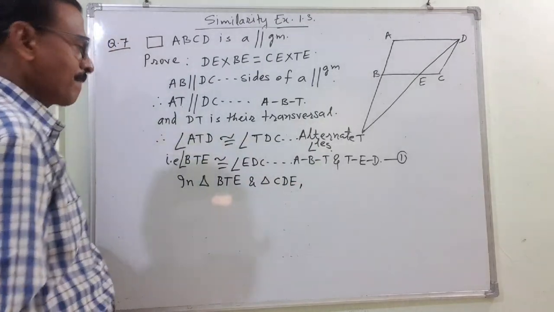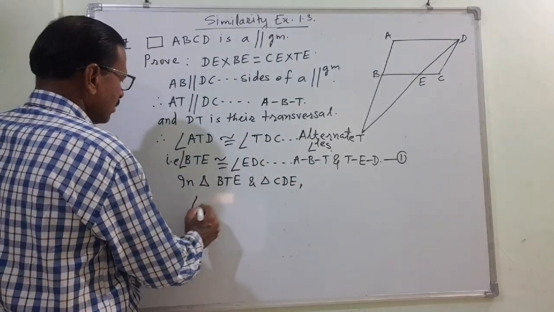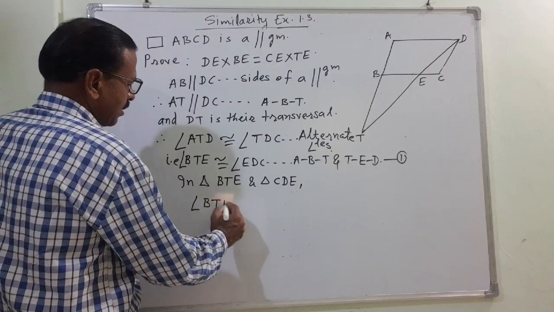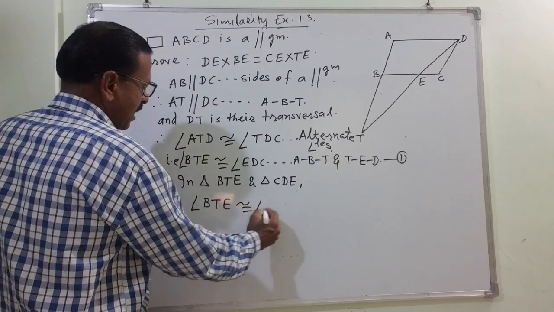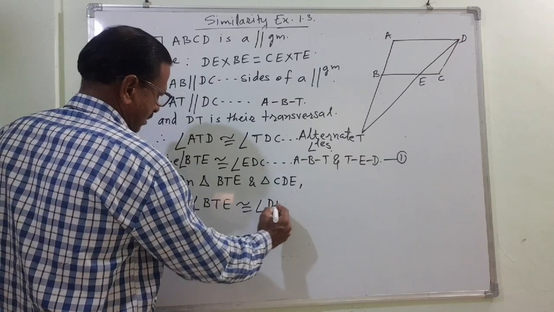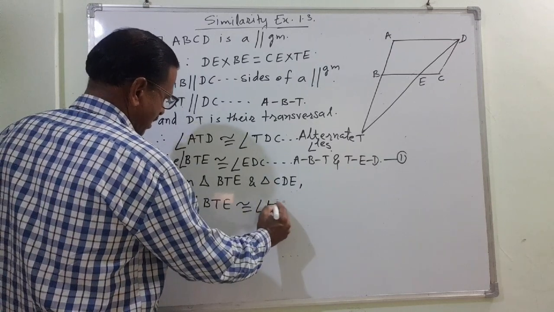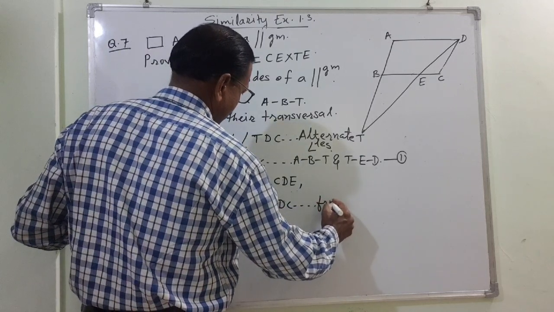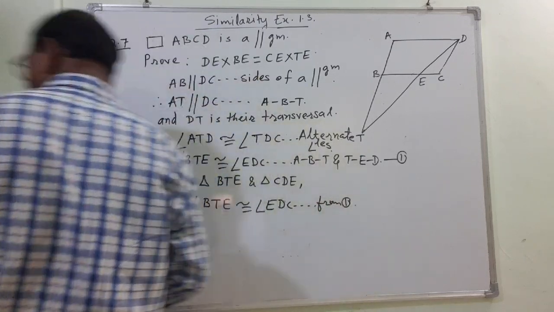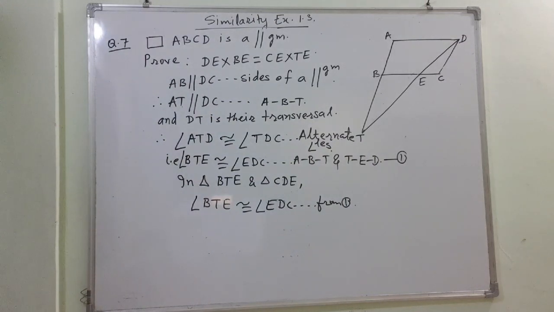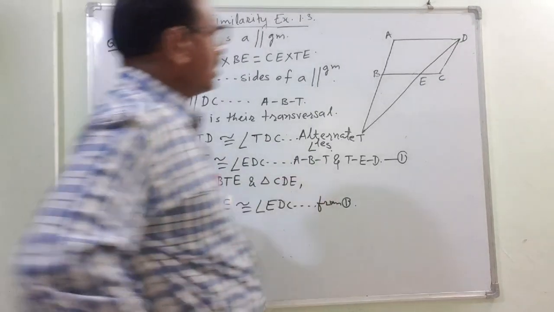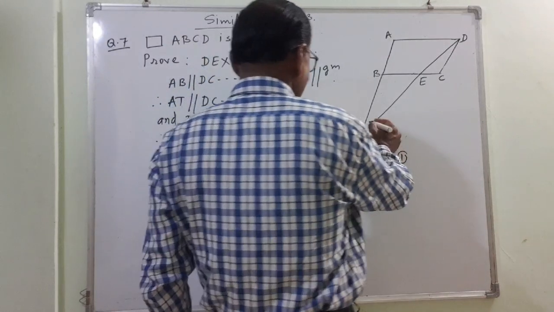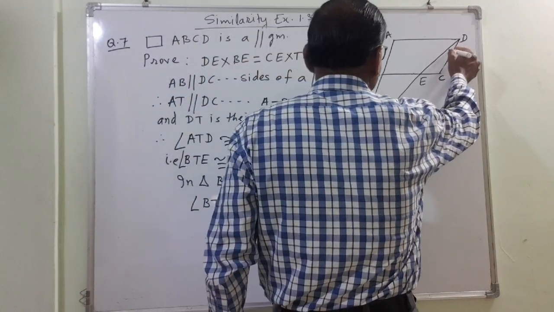What is equal? Angle BTE is congruent to angle EDC, from 1. So this one thing I have proved.